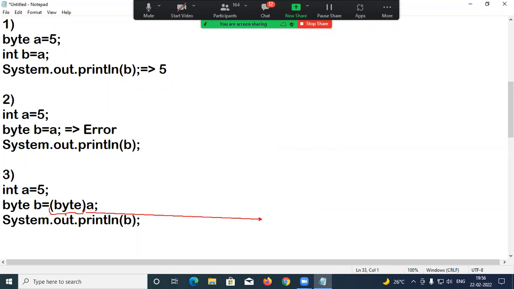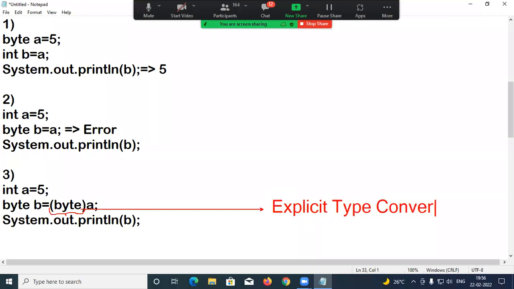What I am doing is converting the A value into byte type myself. It is called explicit type conversion. Myself I am converting.